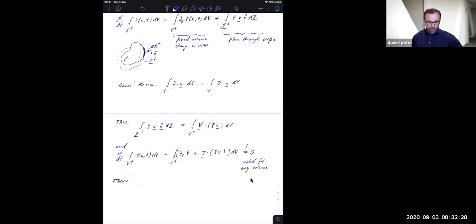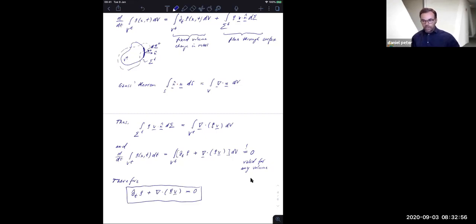So therefore, the time derivative of density plus the divergence of the quantity of density times the velocity field always has to be 0. So this is basically conservation of mass.